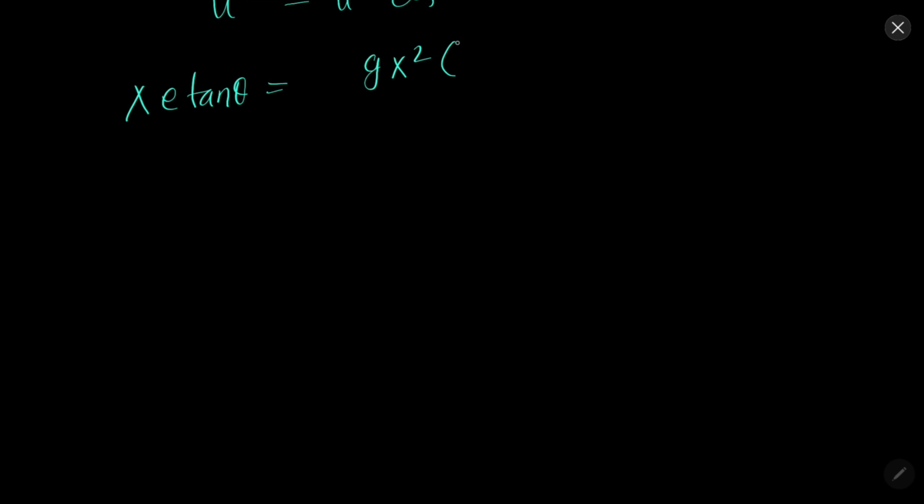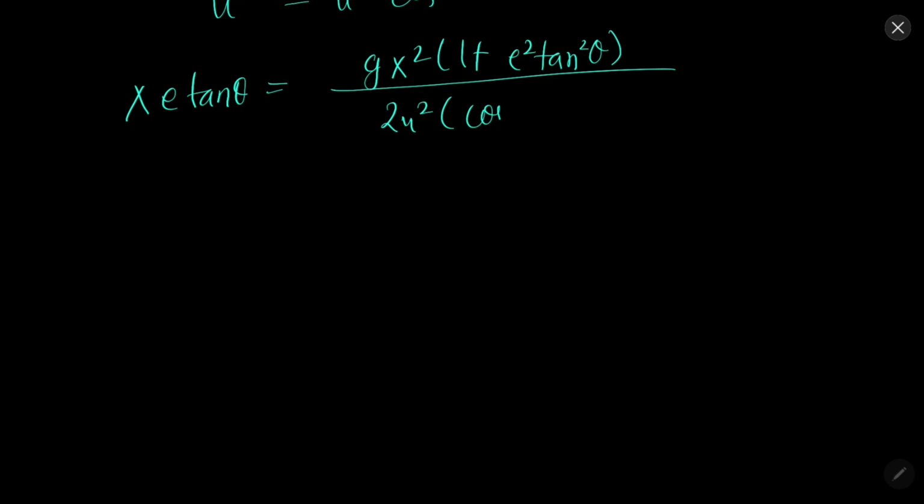Now putting this in the equation above, we will get x E tan theta equal to g x square into 1 plus E square tan square theta over 2u square cos square theta plus E square sin square theta. It will be like this.